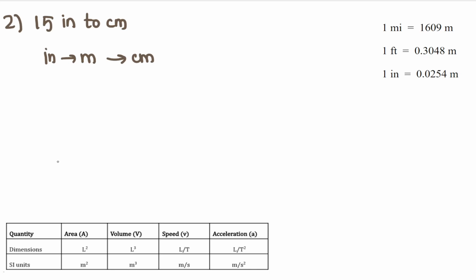Following the same steps, we begin with what we have, which is 15 inches, and then multiply by a ratio that converts inches to meters, and then another ratio that converts meters to centimeters.